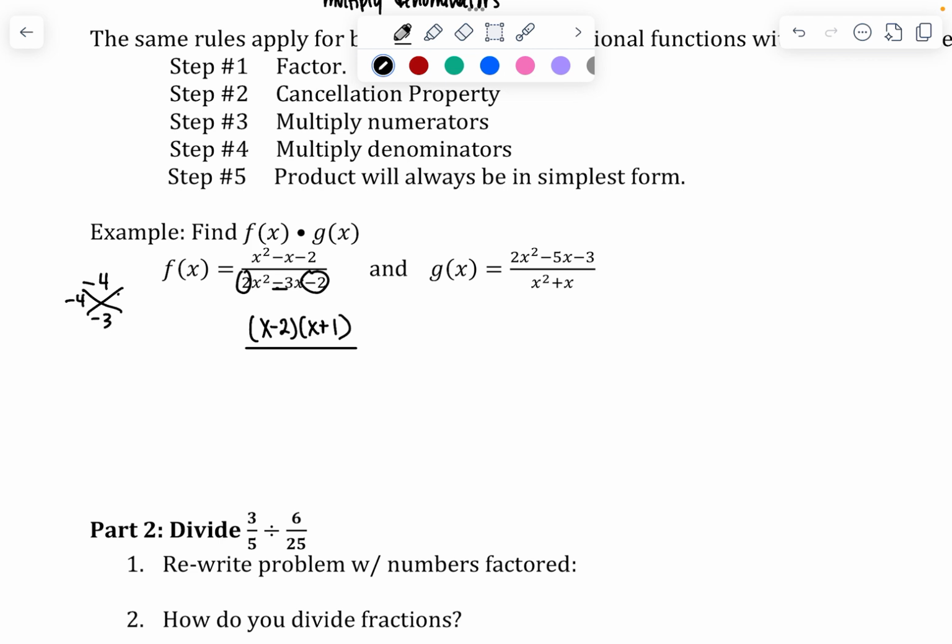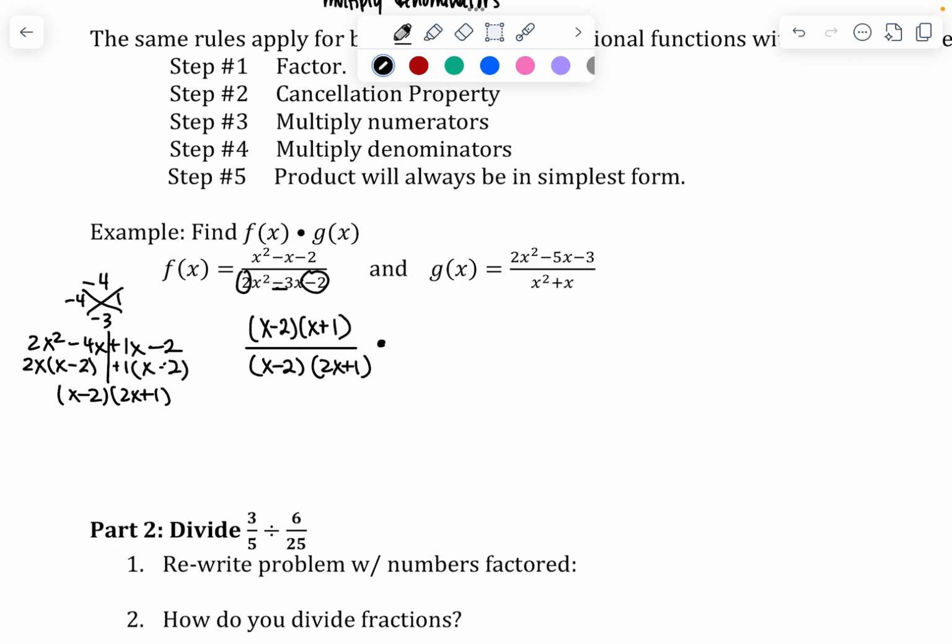That's -4, positive 1. And because a isn't 1, we have to split the middle with those numbers. And then factor 2 at a time. So x minus 2, x minus 2. And so that factors to x minus 2, x plus 1.